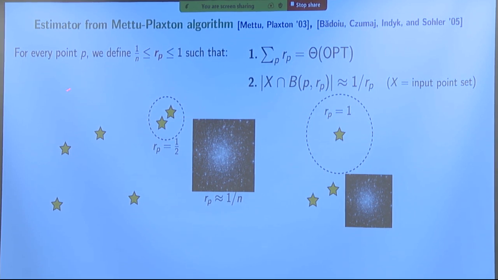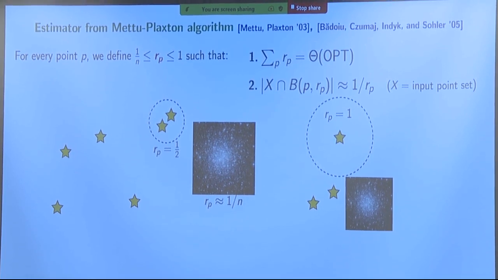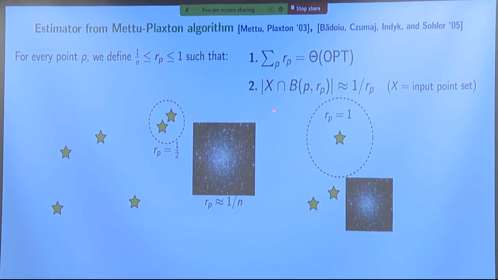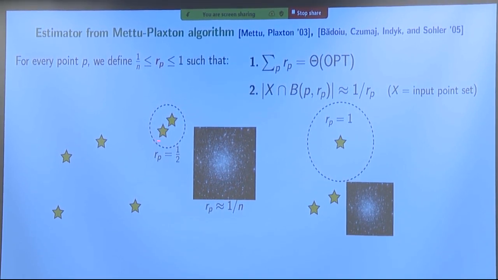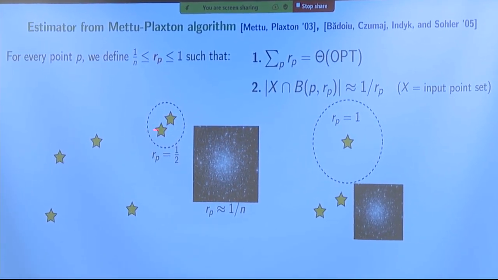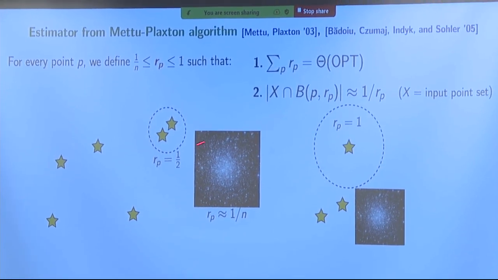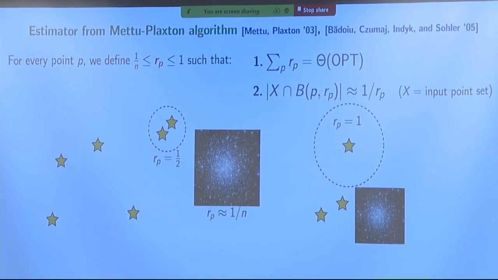For every point, we define a radius so that the sum of these radii is roughly the optimal cost. And the second property is that if you look at a ball of radius r_p around some point, the number of points inside this ball will be roughly 1 over r_p.